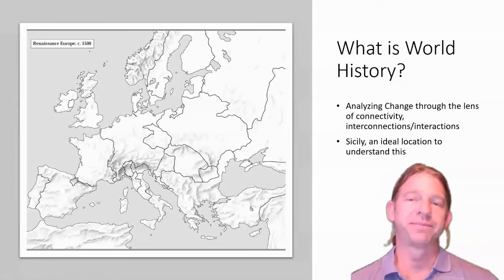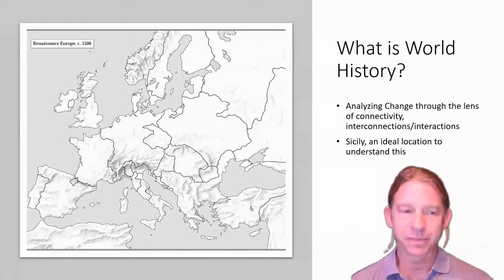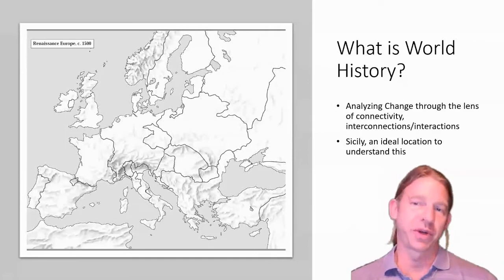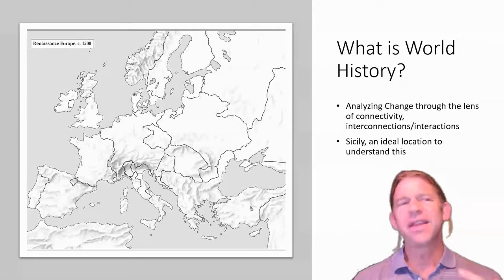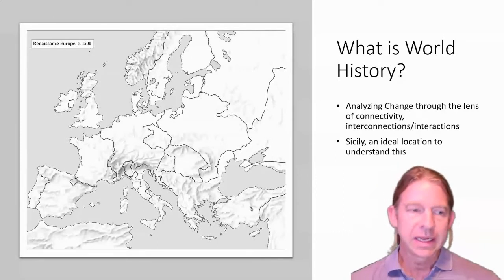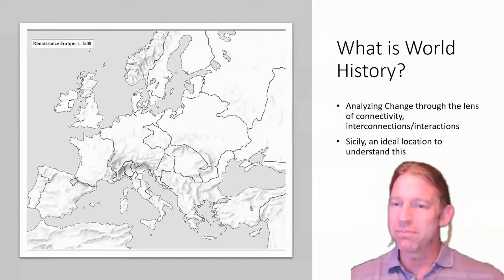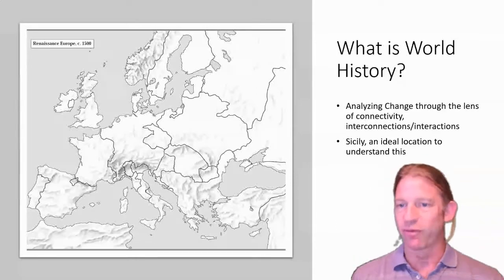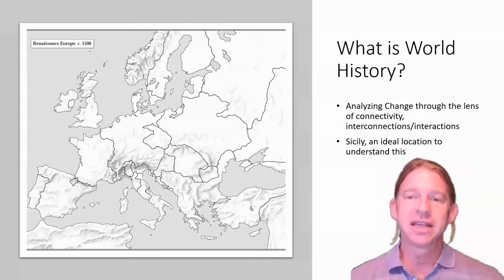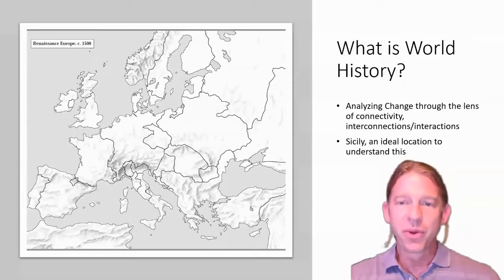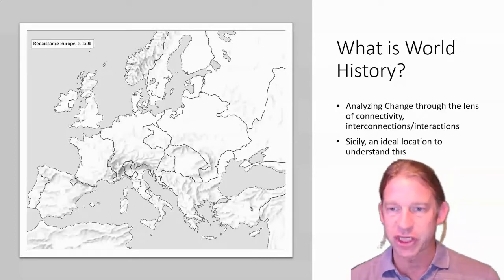So that question I was posing in the lead-in video, what is world history? There's a number of different approaches to doing world history. However, one of the most common, and I think really at the core of what the discipline of world history is, is understanding historical change through the lens of connections.